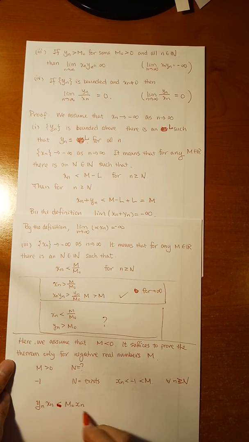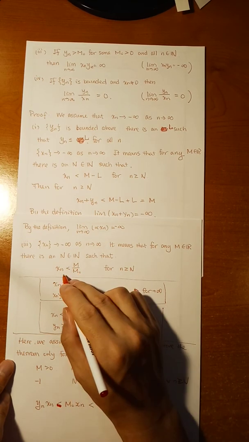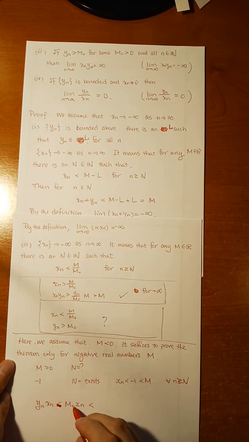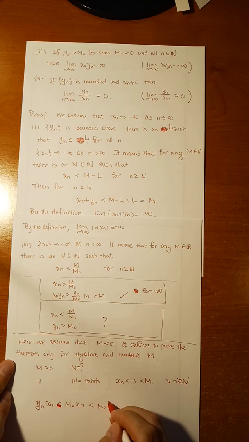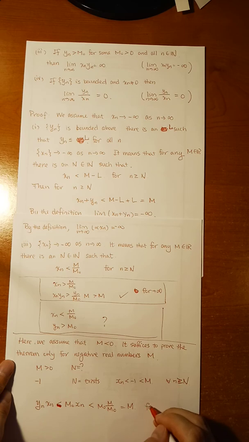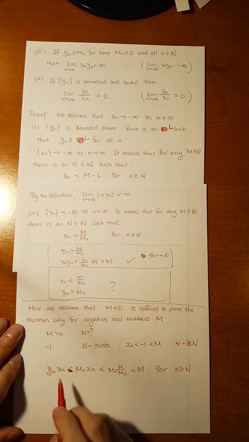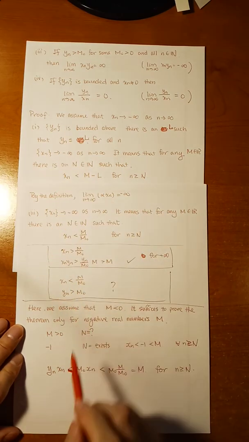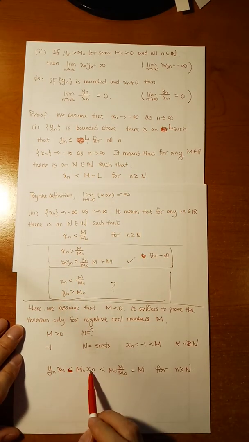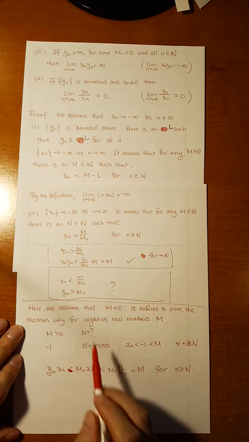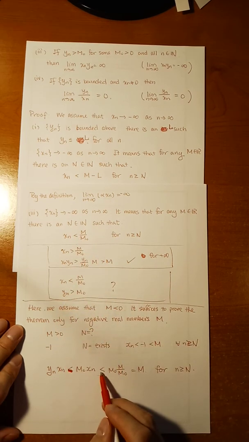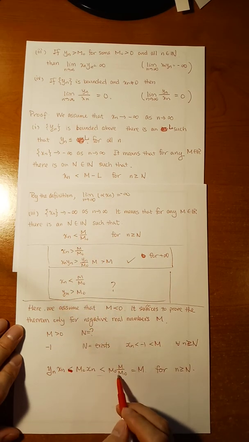Then from here, you use this inequality and multiply it by m0. It's a positive number, so you preserve the inequality. Here you change the direction because you multiply this inequality by xn, a negative number. Here you keep the direction because you multiply by a positive number, m0.